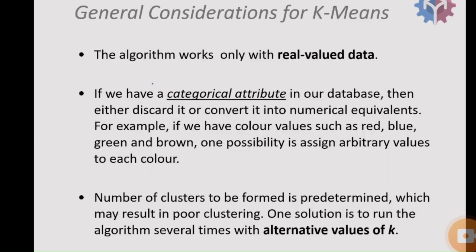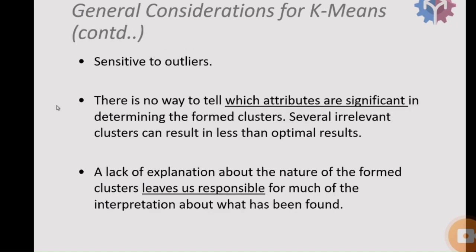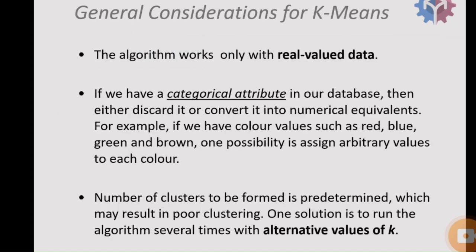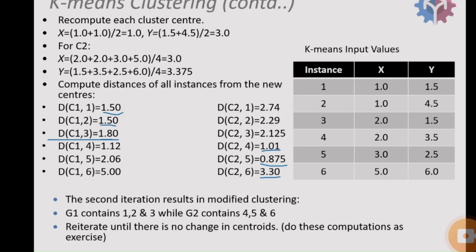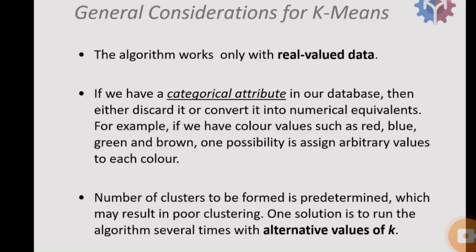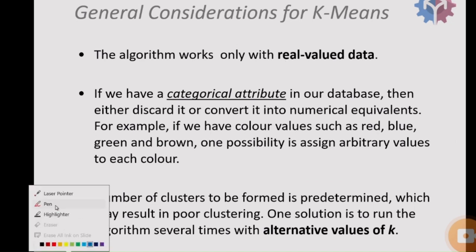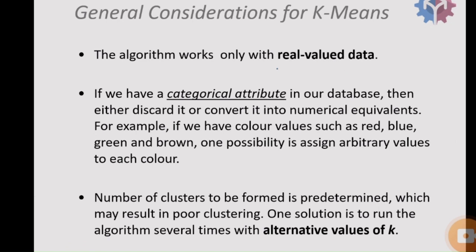Okay, before I go further, let me continue and then I can talk about the other thing. One of the general considerations is that, because we are using Euclidean distance, it does not work on categorical data.